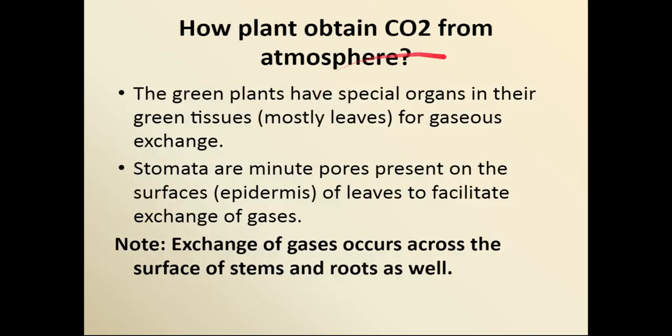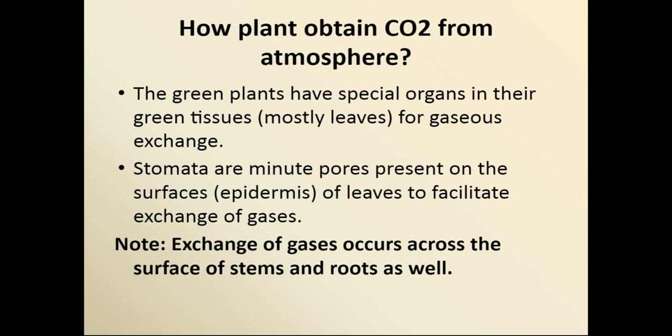Now, how do plants obtain CO2 from the atmosphere? CO2 is a raw material for photosynthesis, as we have discussed. The green plants have special organs in their green tissue, mostly leaves. Leaves have the green tissue that is responsible for gas exchange, and that is your stomata. These are referred to as minute pores present on the surface of the leaf, that is the epidermis, for gas exchange, that is exchange of CO2 and O2.